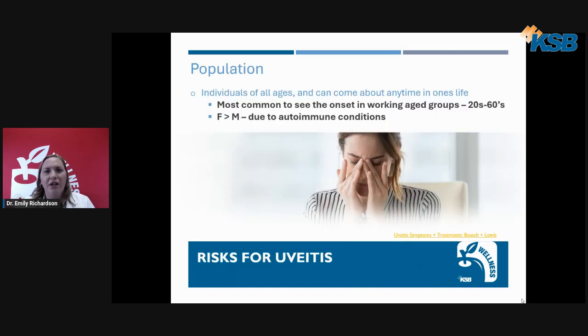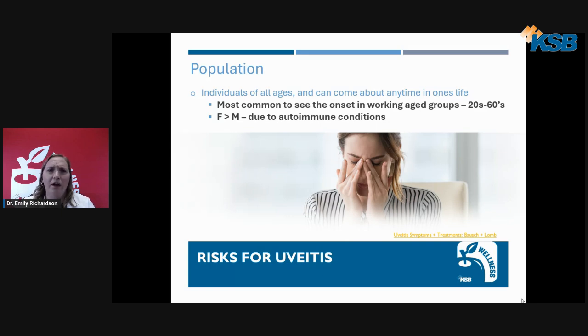So the population or the patient group that usually is affected by this can be anybody at any age. It can be children, it can be the geriatric population, but for the most part, the majority of patients are individuals in their working age group, so in their 20s to their 60s. And that plays along with the fact that a lot of these conditions can have a systemic cause and be related to autoimmune conditions or other infections that you get in those periods of your life.